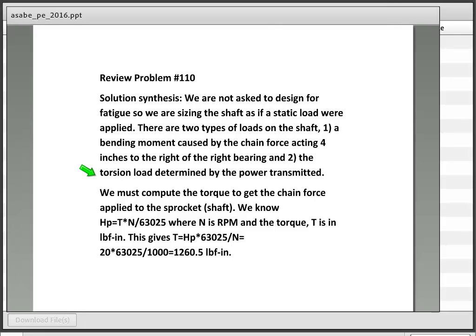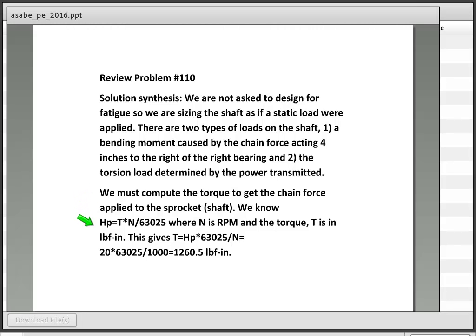That horsepower is being transmitted to some other sprocket or sheave on the shaft. So there's obviously a torsion load between the two. So basically what we're saying is, as we define our problem and think about it, we got to compute the torque to get the chain force.